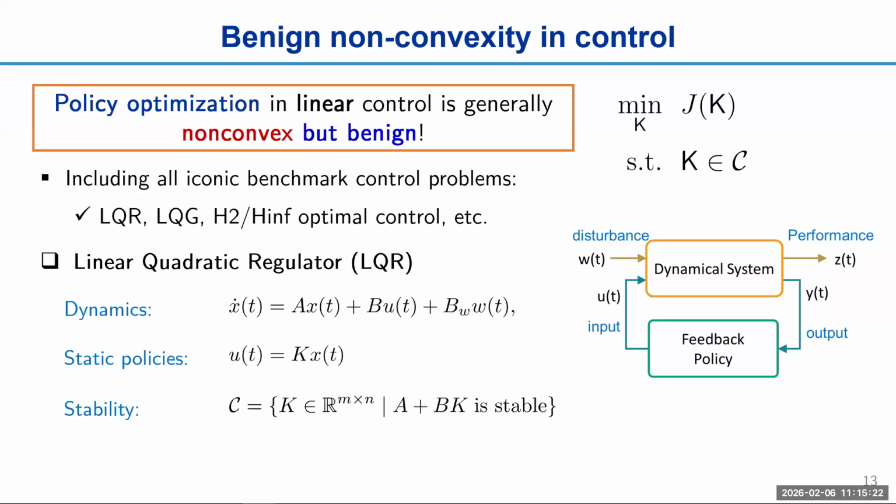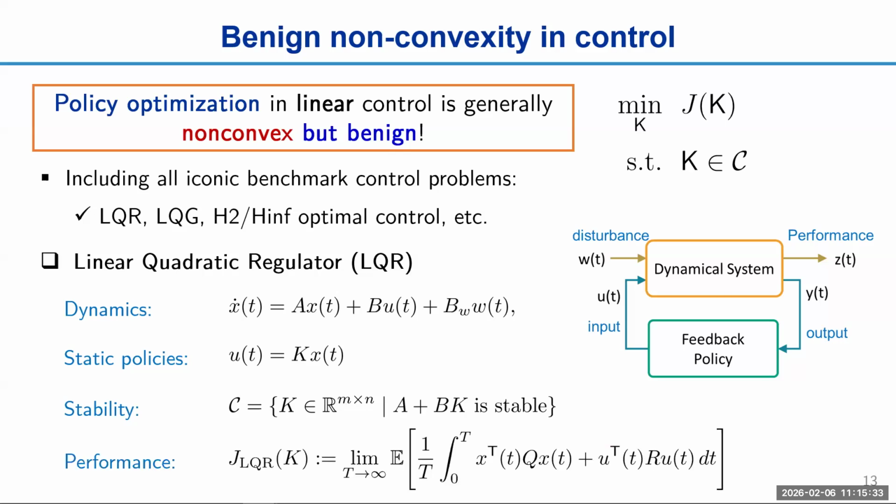And this will be a constraint: you want to make sure the system is stable to begin with. It means the eigenvalues of the matrix have negative real part. And we want to minimize this quadratic cost of your state trajectory and input trajectory. So this is the basic setup of the LQR regulator. It's a very standard and very fundamental problem in control theory.